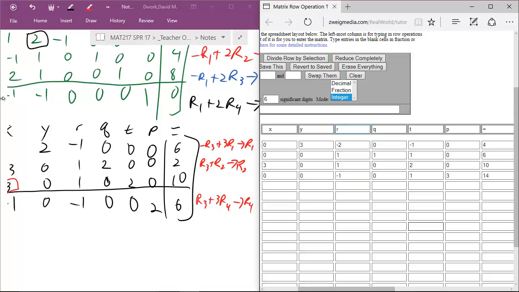Okay, it's in the R column. Now, in the R column, I test my ratios. 4 divided by negative 2, not negative. 6 divided by 1, 6. 10 divided by 1, 10. 14 divided by, oh, nope, that's the objective. We don't need that one. So it's either going to be 6 or 10. Hey, 6 is smaller. I'm pivoting right there. Then knock yourself out. Go for it.